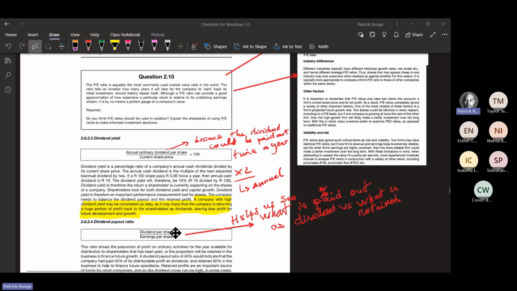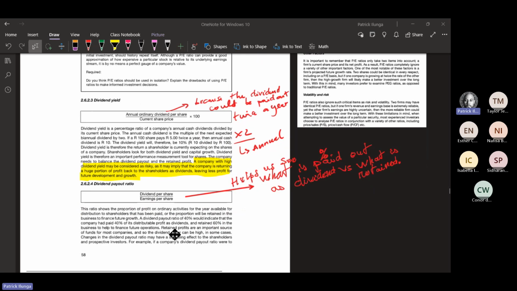So dividend per share, very important, divided by the earning per share. Absolutely. So not only do we call them the shareholders, right? The ordinary shareholders. Yes, absolutely, Taylor.